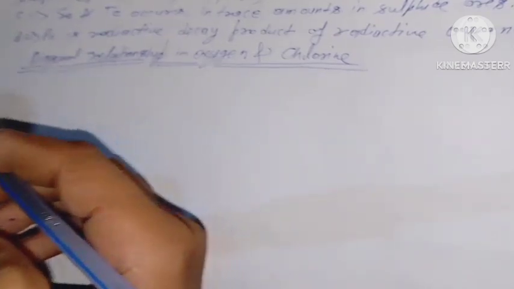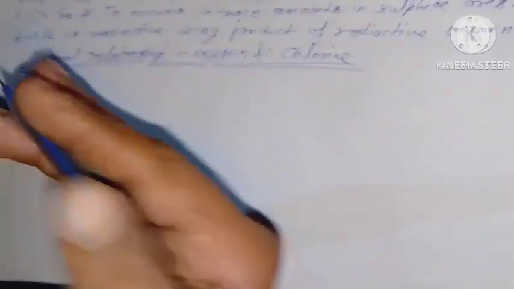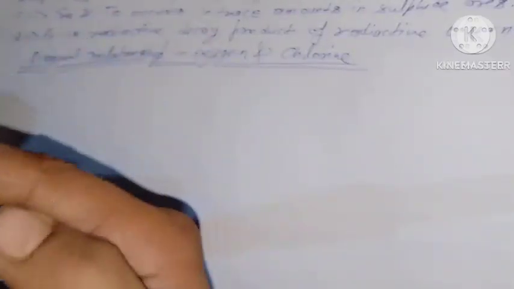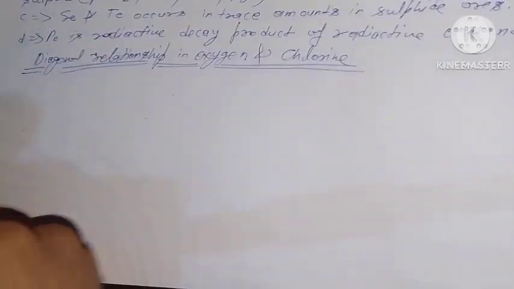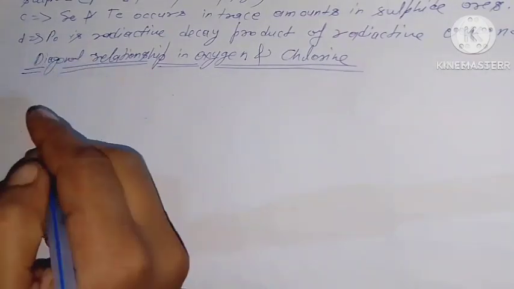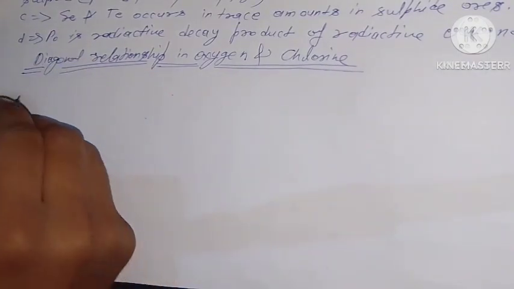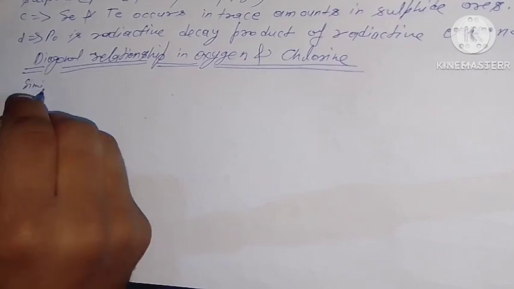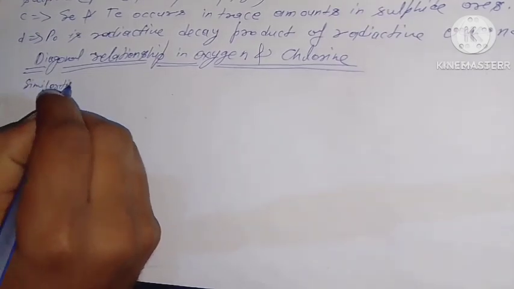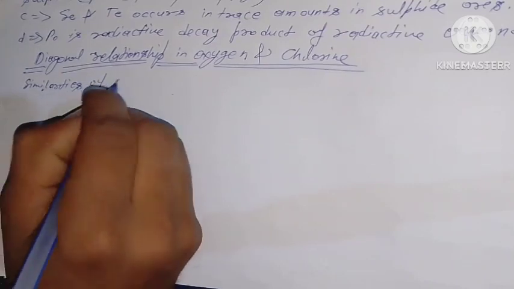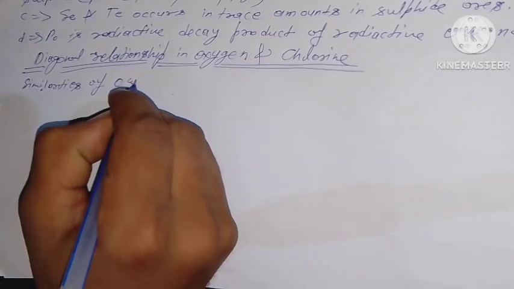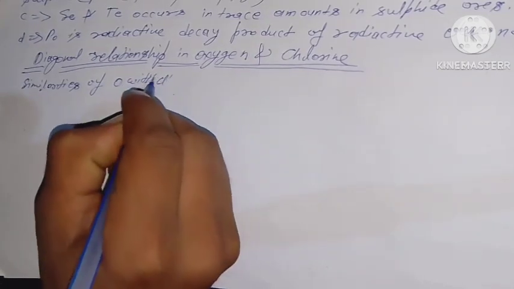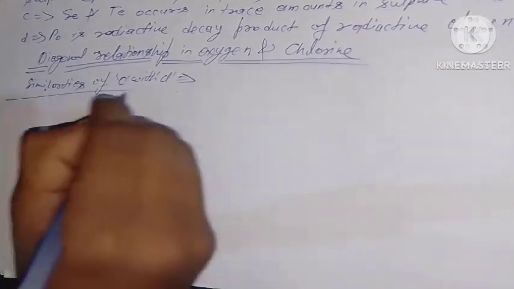Oxygen shows diagonal relationship with chlorine of group 17. It differs in many of its properties from the other elements of group 16. It shows similarity with chlorine in many of its properties. Okay, similarities of oxygen with chlorine.